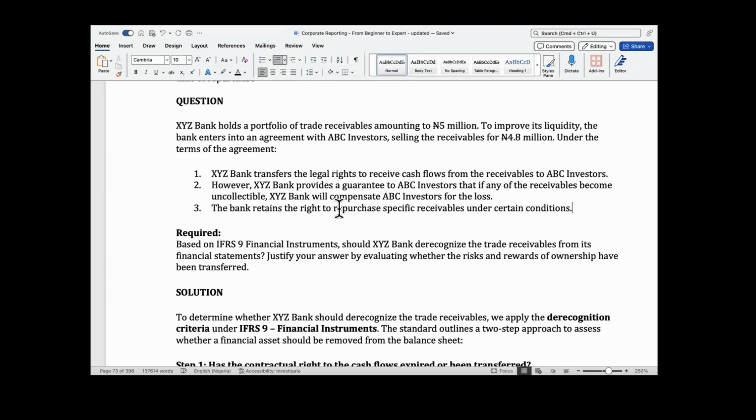Required: based on IFRS 9 Financial Instruments, should XYZ Bank derecognize the trade receivable from its financial statements? Justify your answer by evaluating whether the risk and reward of ownership have been transferred.